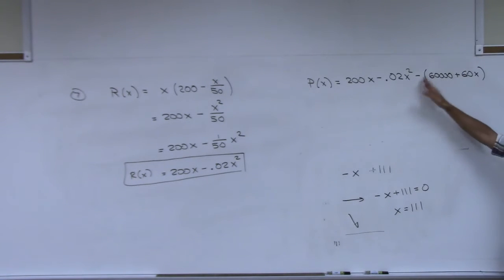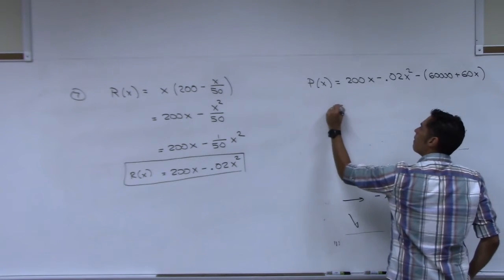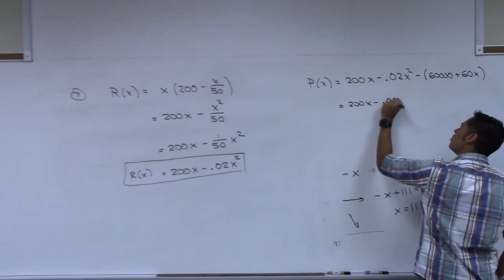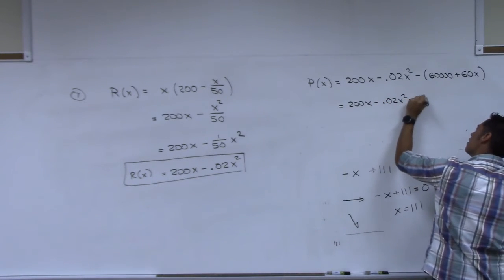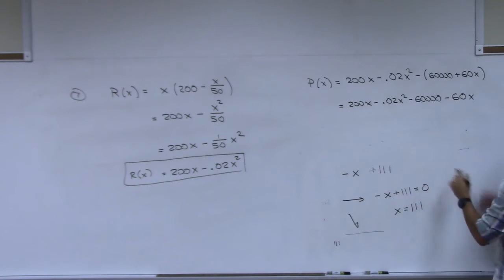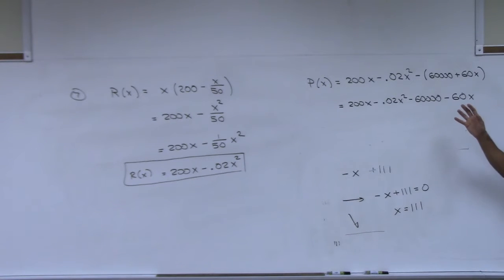Again, parentheses, the minus is going to go through and distribute. Let's clean this up. Profit is 200x minus 0.02x squared minus 60,000 minus 60x. Now just group things together. That's your profit.